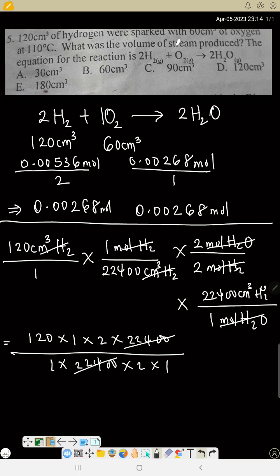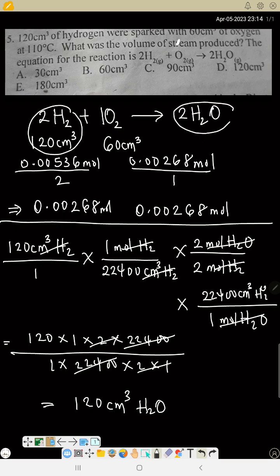So this cancels out and the final answer is 120 centimeter cube of water. That means 120 centimeter cube of hydrogen gas will give 120 centimeter cube of water.